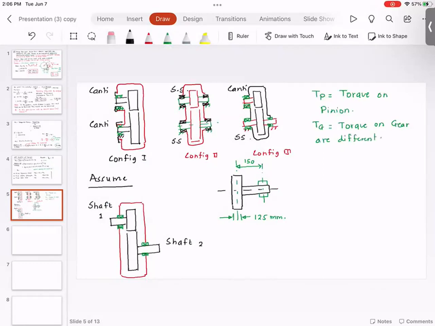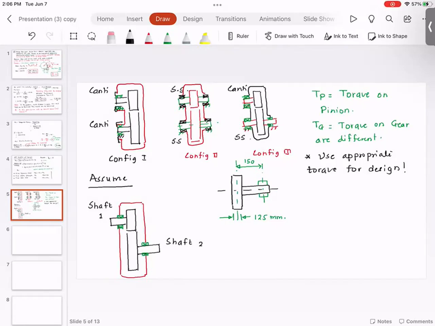So when you are designing, use the appropriate torque for design. So for example, if you are going to design the gear shaft, then use the torque on the gear. When you are designing the pinion shaft, use the torque on the pinion.